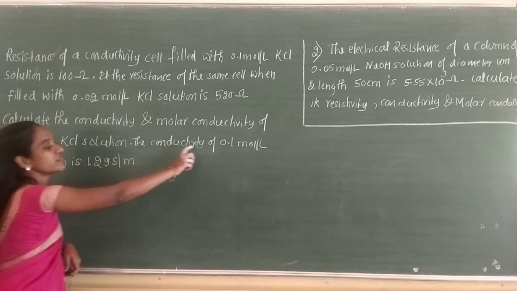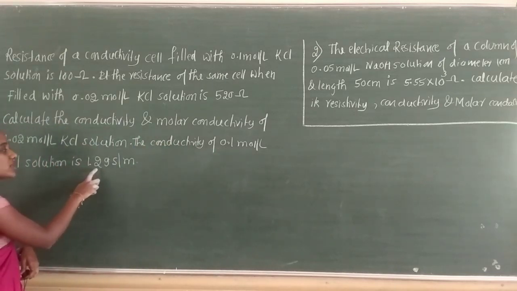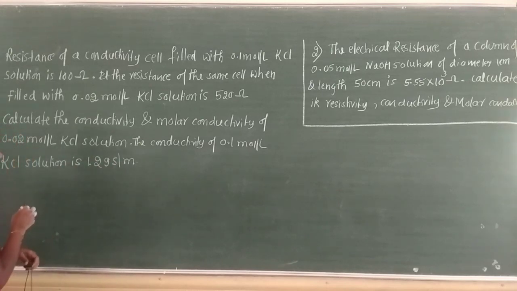The conductivity of 0.1 mole per liter potassium chloride solution is 1.29 Siemens per meter.